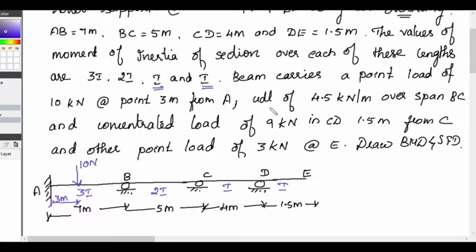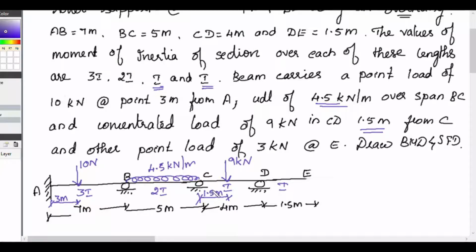Now an UDL of 4.5 kilonewton per meter over the span BC. And a concentrated load of 9 kilonewton in CD at a distance of 1.5 meter from C. So this distance is 1.5 meter.